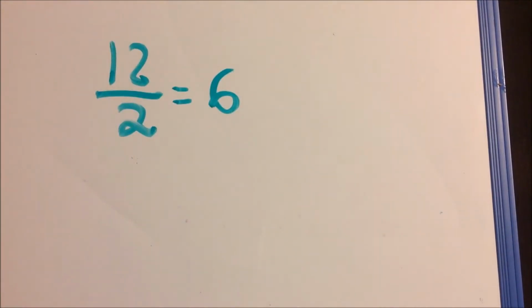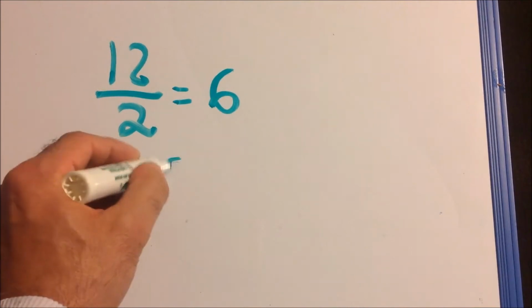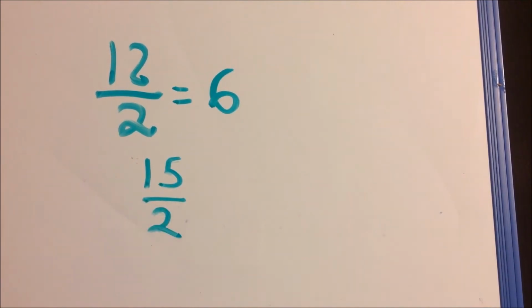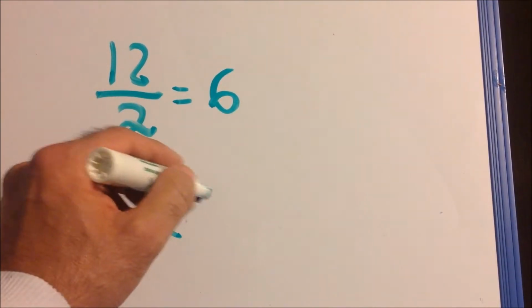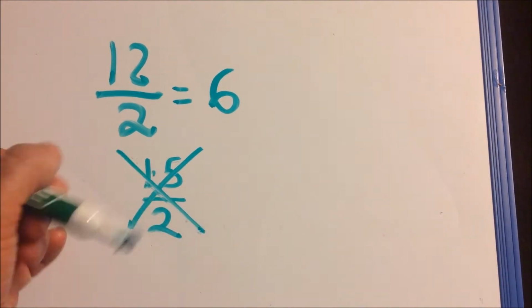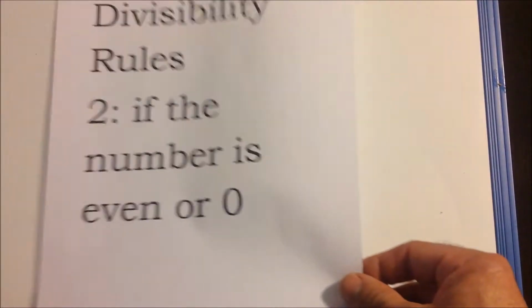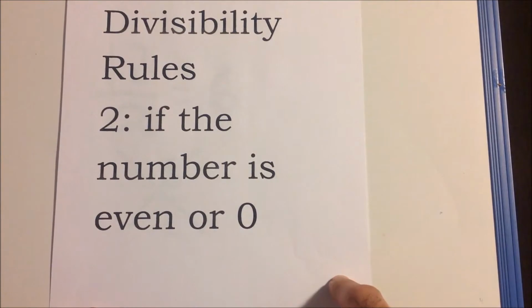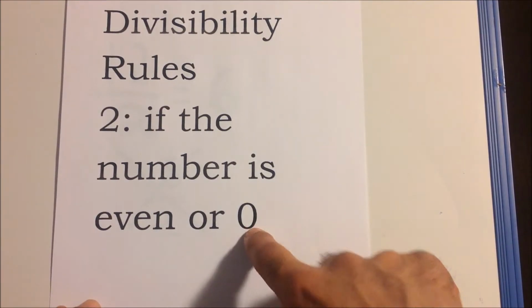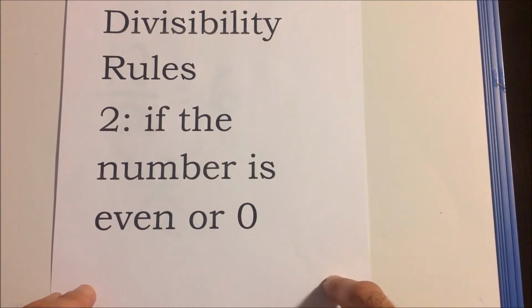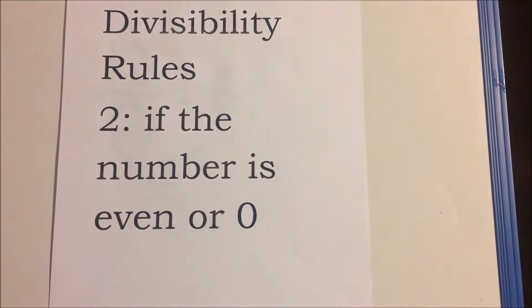That's probably one of the easiest ones. 15 divided by 2, though, 15 is not even, so it's not divisible. So again, the rule for 2: the number has to be even or 0. 0 is not even or odd. So that's the rule for 2.